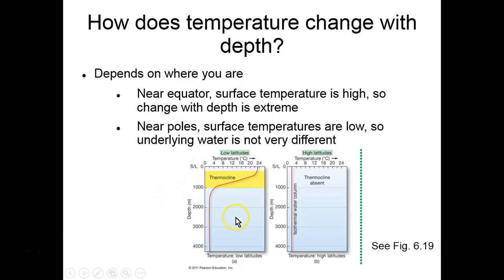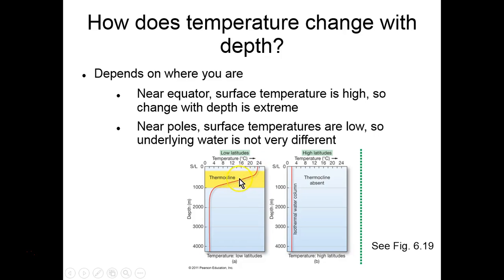The left graph is showing you close to the equator, and the right graph is showing you close to the poles. Depth is on your y-axis, so here's 0, here's 4,000 meters, same thing over here, and the x-axis is temperature increasing towards the right, from 0 all the way up to 24, here as well. You see that this line right here shows you at the surface you have very warm water.